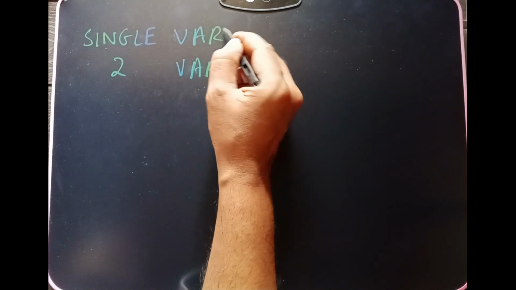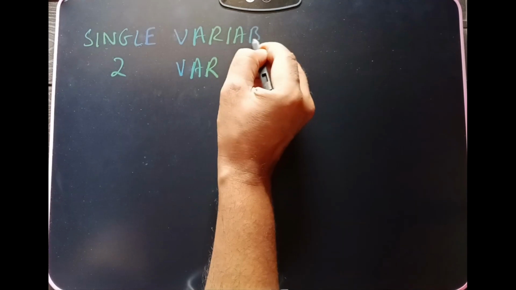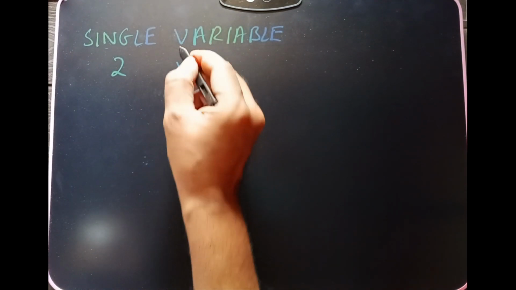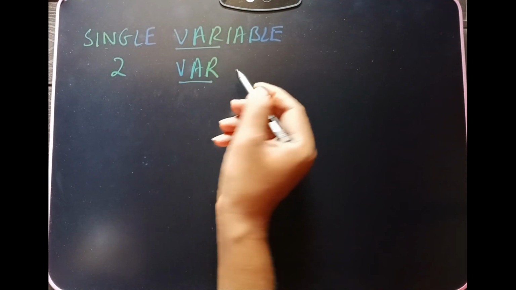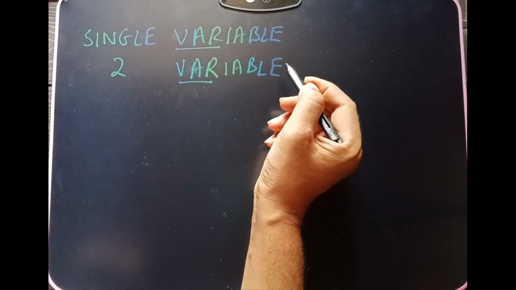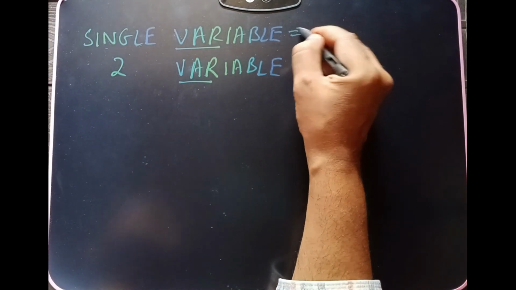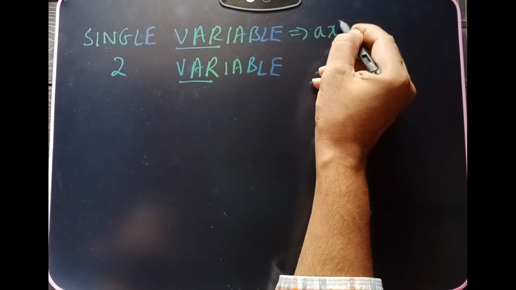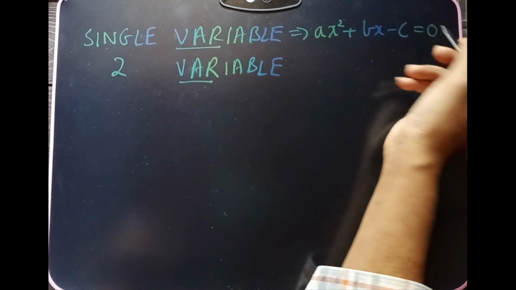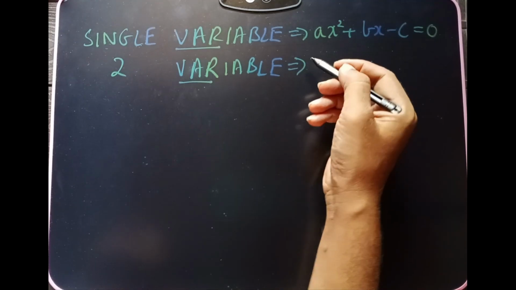Var is variable. I'll write it fully. Variable. In my subsequent videos, I will refer to variable as var. Don't get confused. A single variable in the sense it will be ax square plus bx minus c is equal to 0, for an example only.